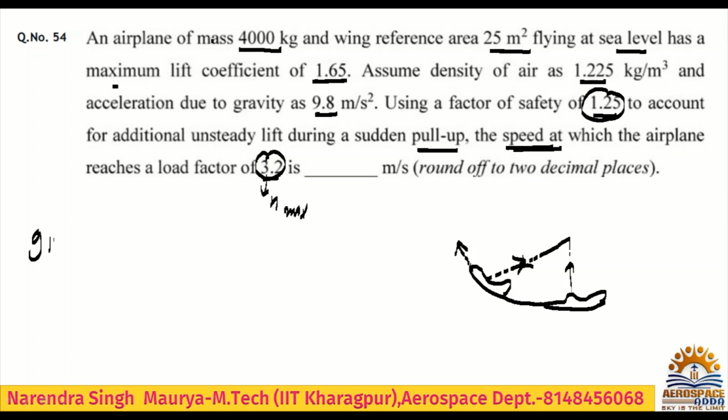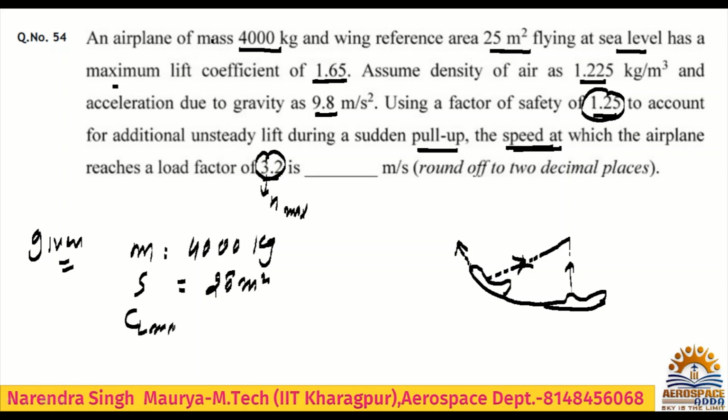Okay, we'll write all the given data first. Mass they have given 4000 kg. S, area, they have given 25 meter square. CL max. CL max is the maximum lift coefficient, which we use when they are interested to know the minimum speed required to sustain the flight; at that time the lift coefficient will be the maximum lift coefficient.